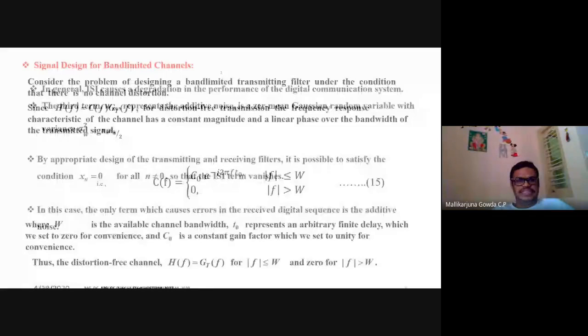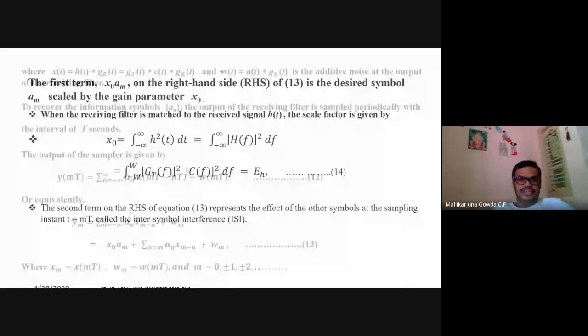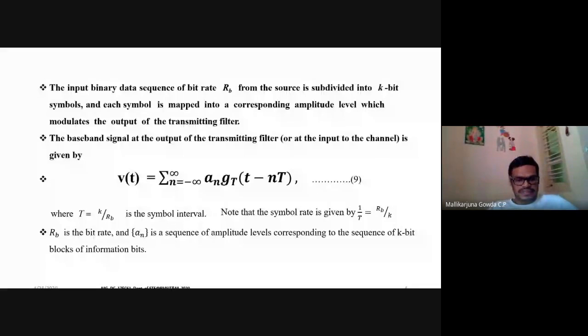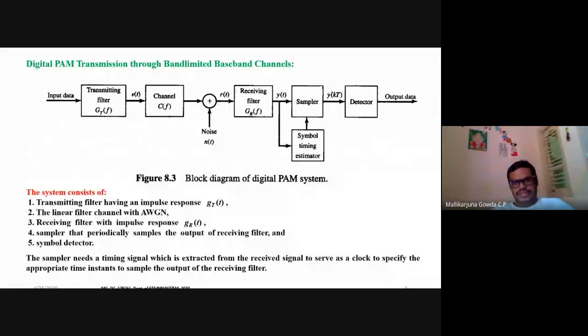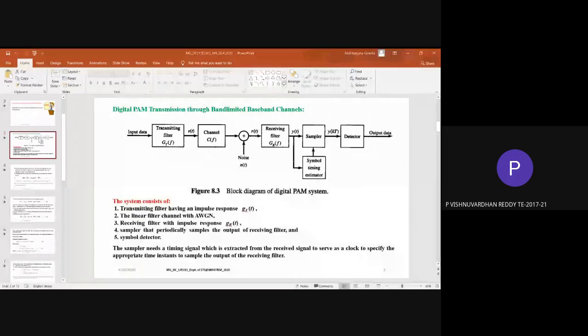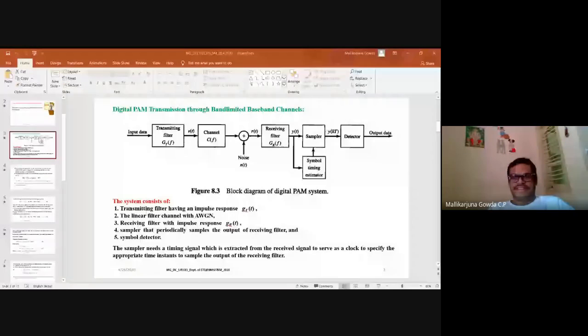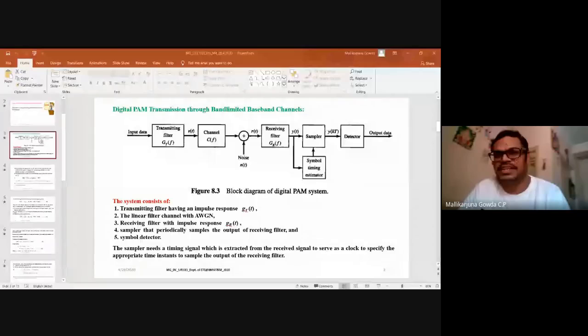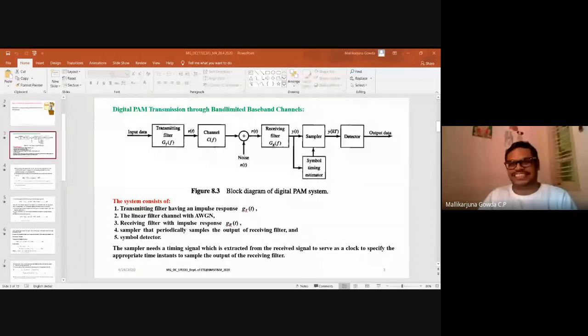If this thing is clear, then I will go to the next topic. You all should say, are you happy with all these things? Have you noted this block diagram? Hello? Alert. Yes, sir. Yes, sir. Yeah, Vishnu is active, but Chandan also sometimes says yes, sir.